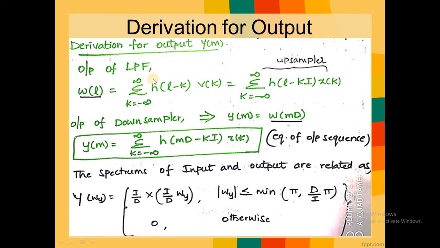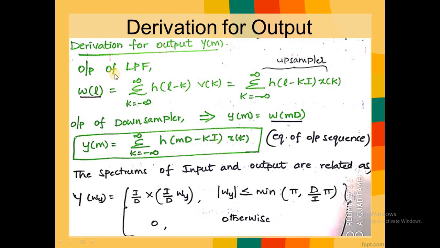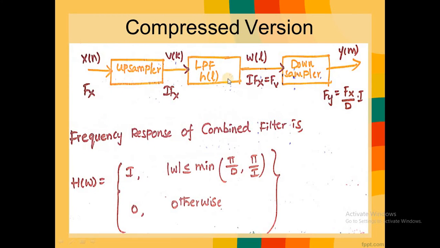Okay, we have to derive the output equation for y of m. This is y of m. Y of m is the output of the low pass filter. See here, what is the output of the low pass filter?